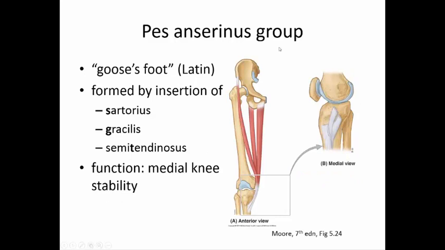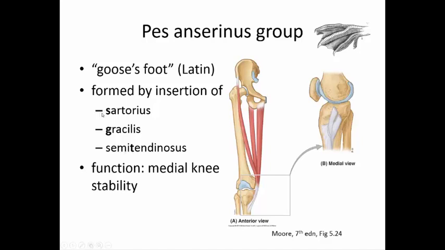muscle. Pes anserinus was our goose's foot. This resembles the foot of a bird. We have three tendons all meeting at a common spot. It's formed by the insertion of sartorius from our anterior thigh, gracilis from our medial thigh, and semitendinosus, a hamstring from our posterior thigh. We like to say as mnemonics, strong gin and tonic.